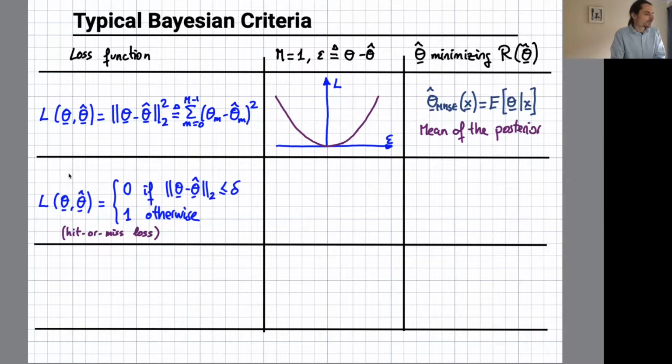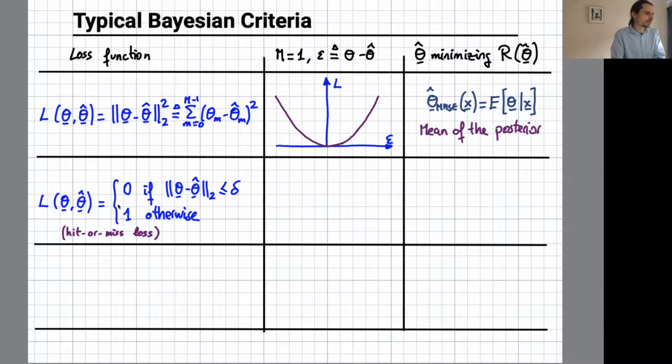Another possible loss is the so-called hit or miss loss, which is zero when our estimate is sufficiently close to the true value of the parameters. Here, delta must be understood as a small positive constant, and the loss is 1 otherwise.